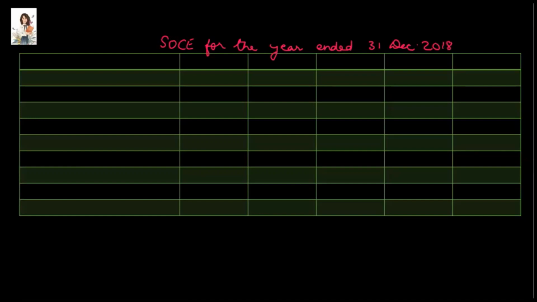The first column is details, the second column is share capital, third one is share premium, then retained earnings, general reserve, and the total column is required. Figures are in thousands of dollars. Statement of changes in equity always starts with the opening balances.